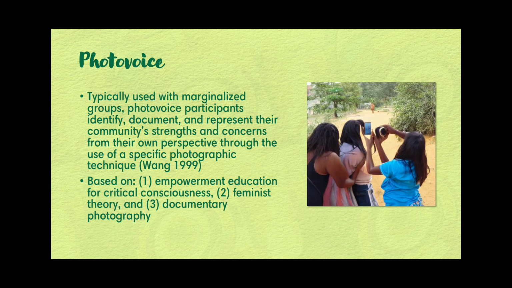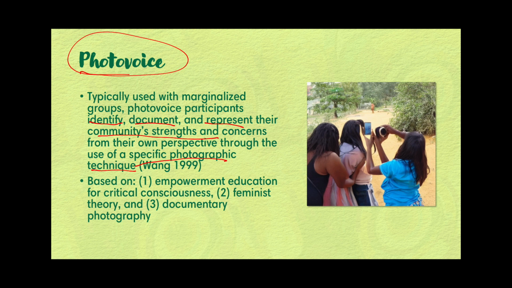The second design that we're going to be talking about is Photovoice. Photovoice is typically used with marginalized groups. Photovoice participants identify, document, and represent their community strengths and concerns from their own perspective through the use of a specific photographic technique.